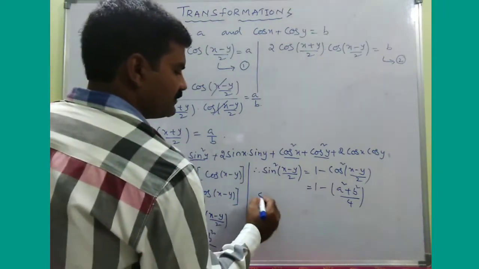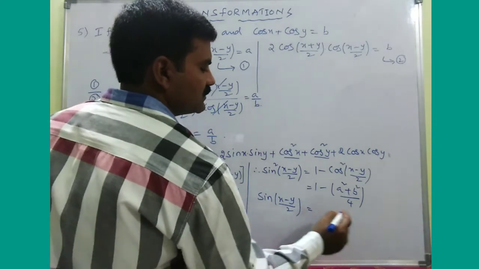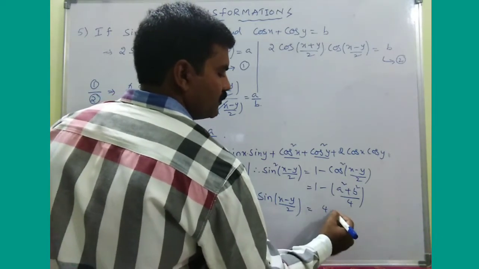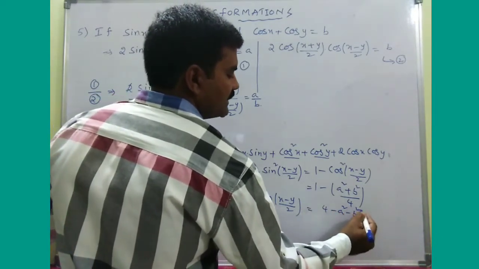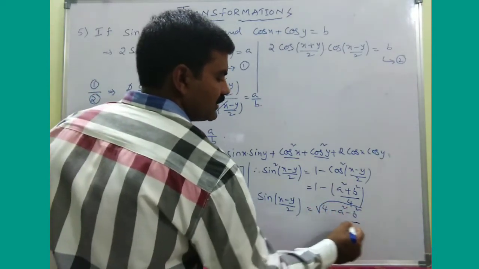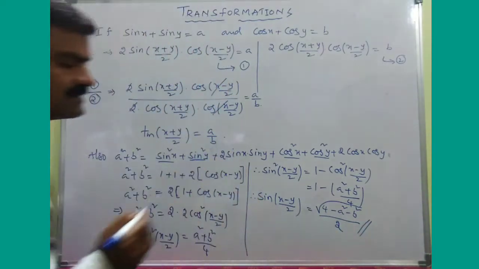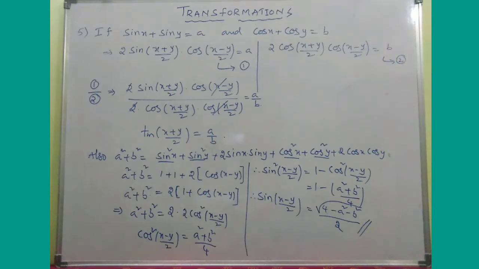So from this, sin of (x minus y) by 2 is equal to, if you go for cross multiplication, root of (4 minus a square minus b square) by 4. Root of 4 is nothing but 2. So this is what is asked here. Along with tan of (x plus y) by 2, we need to find even sin of (x minus y) by 2, which is equal to root of (4 minus a square minus b square) by 2.